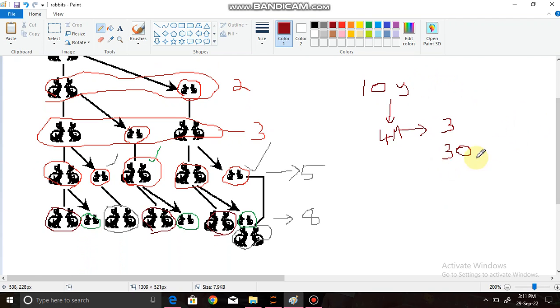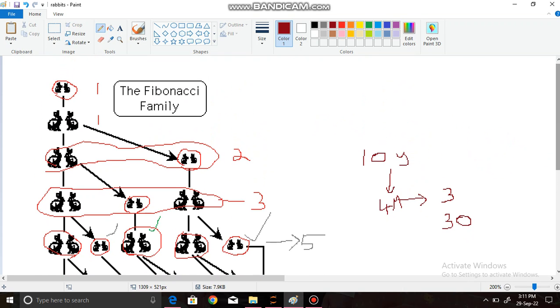So this has to be continued 30 times. Watch closely. First, one pair is there. If you add these two, you get this one. Adding the preceding two numbers gives the present number: 1 plus 1 is 2, 1 plus 2 is 3, and 2 plus 3 is 5.